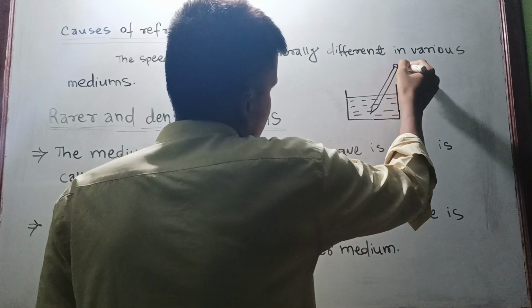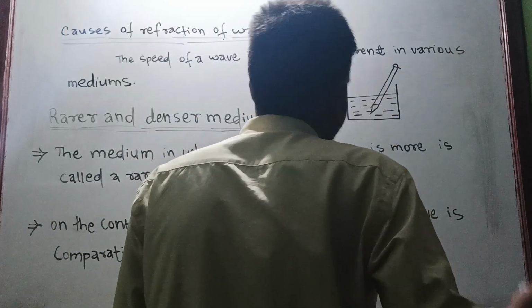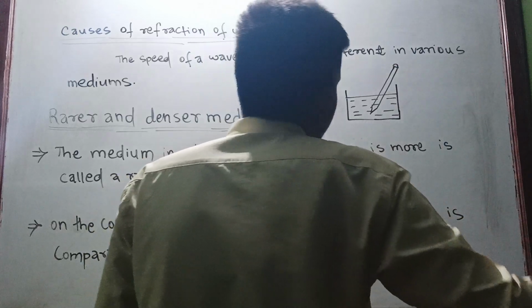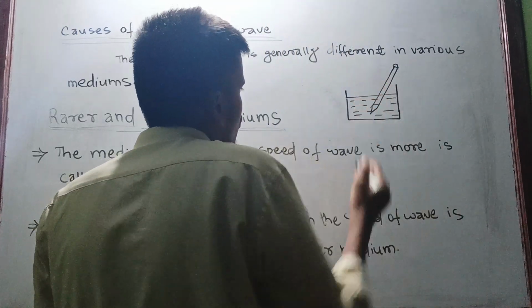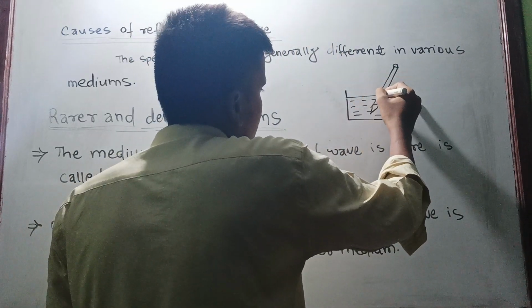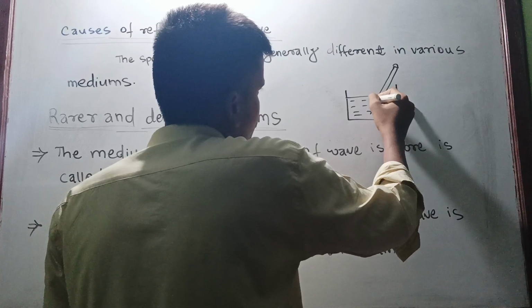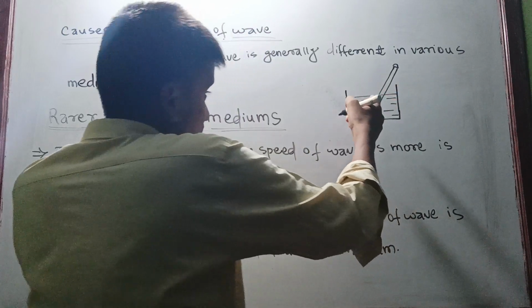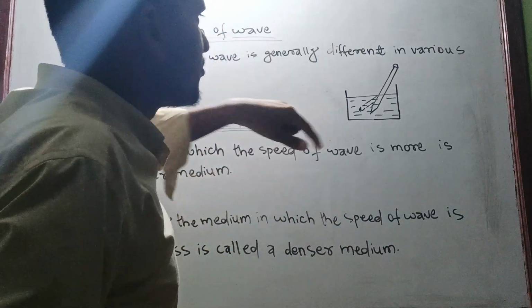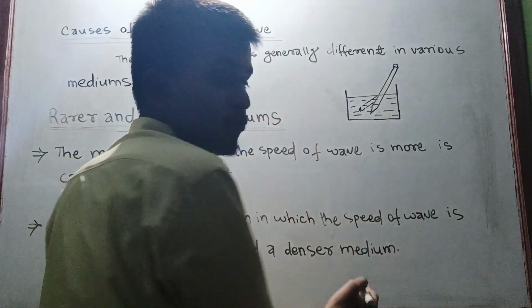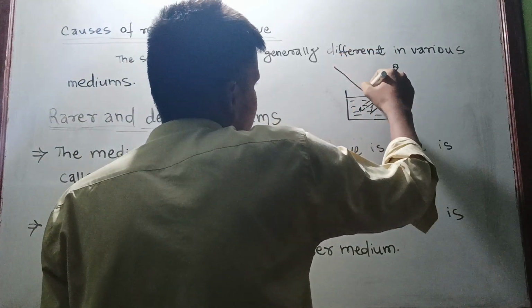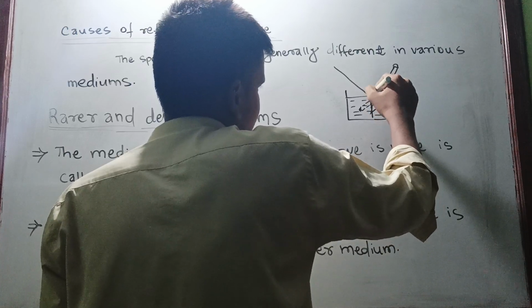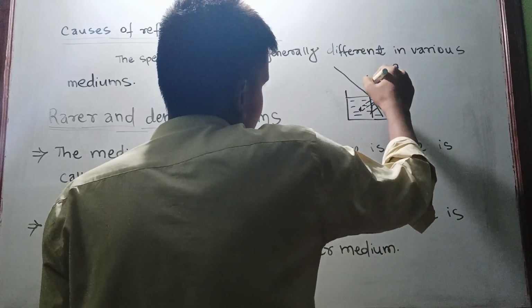While looking from the outside, the pencil will look bent, but it is not bent, it is straight. What happens is, when the light ray enters here, it bends towards the normal.